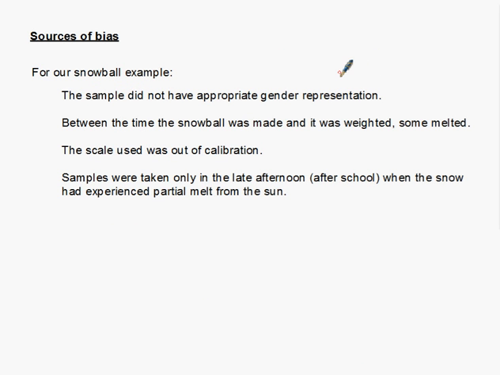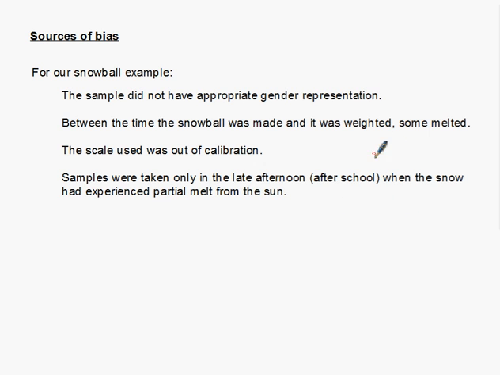Now, what are possible sources of bias? Well, what's going to create that? Maybe the sample did not have the appropriate gender representation. This is our snowball example. Maybe it was all the boys or all the girls who made them. Between the time the snowball was made and it was weighed, some melted. The scale was simply out of calibration. Samples were taken in the late afternoon after the sun had partially melted some of the snow.